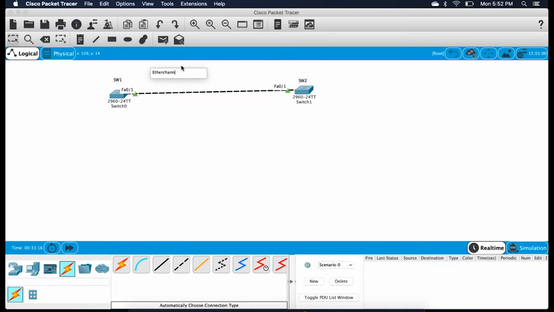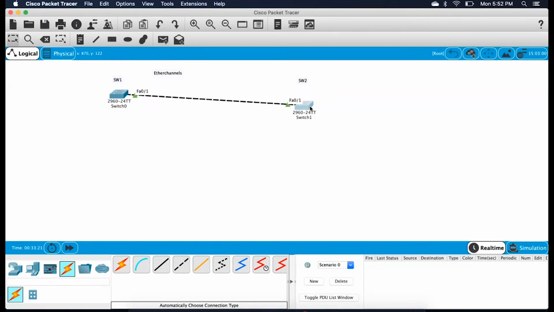Now what EtherChannel means is whenever you have multiple links placed in your topology. So let's say you have redundancy like this, from switch 1 to switch 2 you have 4 links that are connected together.